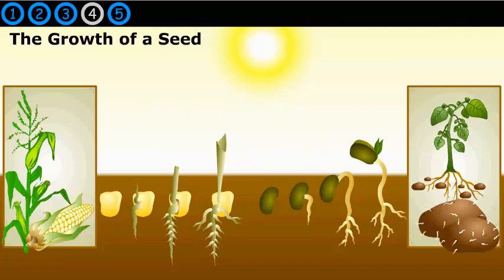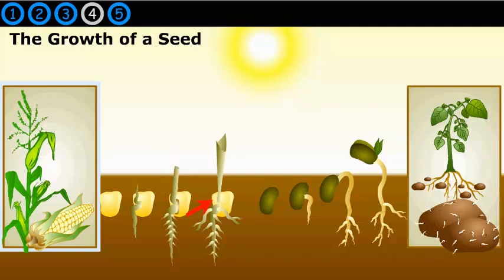When environmental conditions such as moisture, temperature, and sunlight are right, a seed will germinate, or grow. The root of the embryo emerges first. In monocots such as wheat, rice, and corn, the shoot, or leafy portion of the embryo, then breaks through the soil's surface.